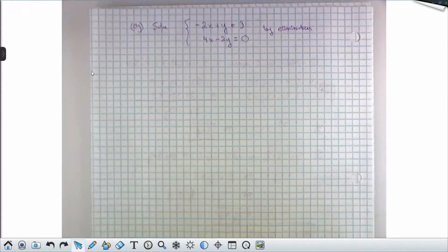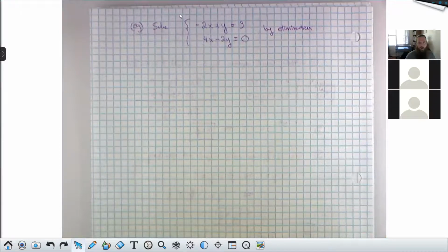All right, I want to do the same sort of thing. I want to think about adding a multiple of one equation to another so that some variable goes away. Well, I have a negative 2x here and a positive 4x here. So if I multiply the first equation by 2 and add it to the second, the x's will go away.